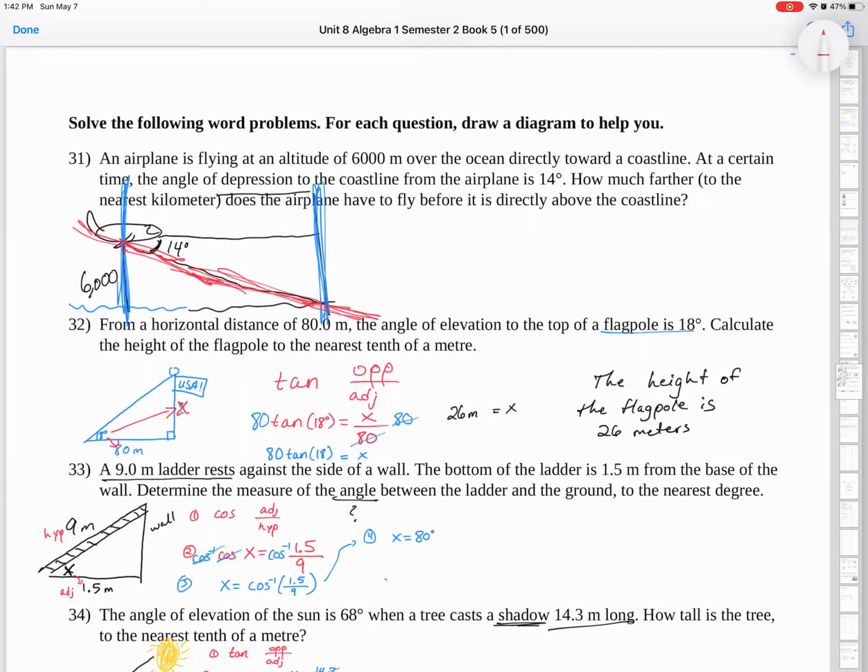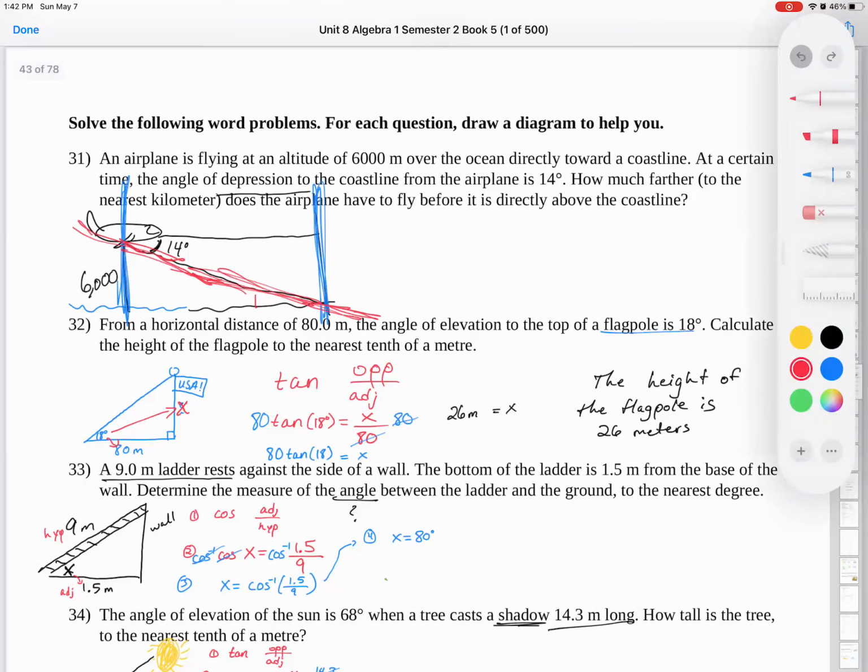Now, if that is 14 degrees, where else is it 14 degrees? It would be right here, 14 degrees. And the reason for that is those are alternate interior angles. Again, if you haven't gotten to there yet, that's totally okay.